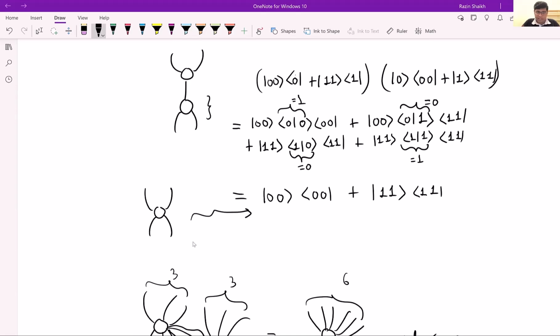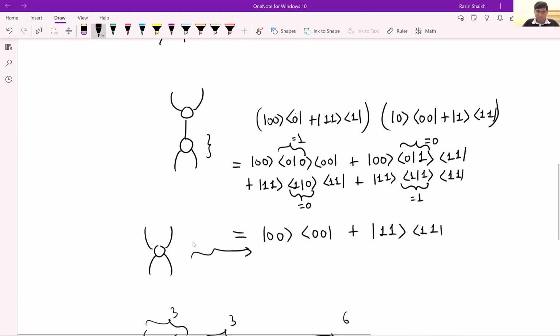So do you mean in this example? In this example, yes. So here there were two spiders, so I translated the first spider as the bracket here, and the other spider in bracket notation here.